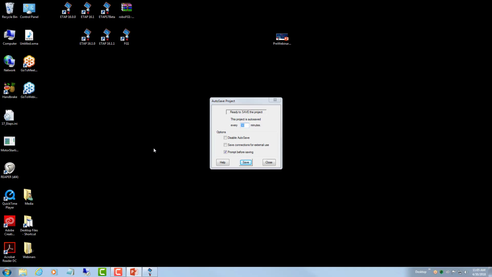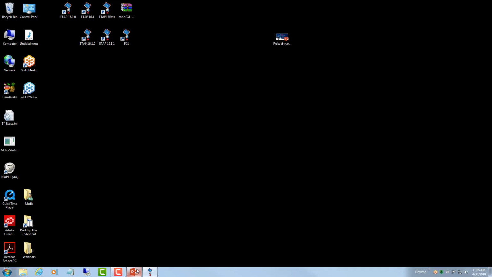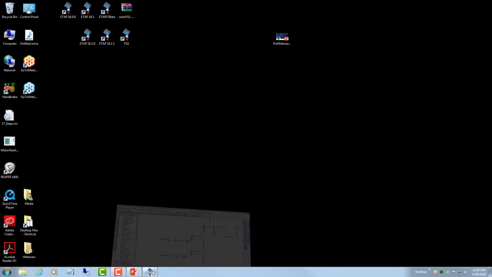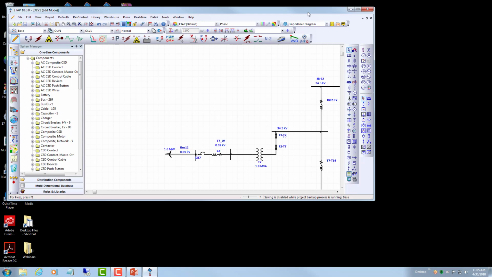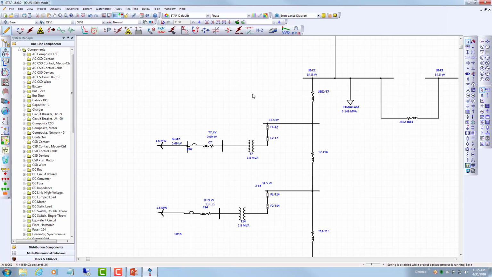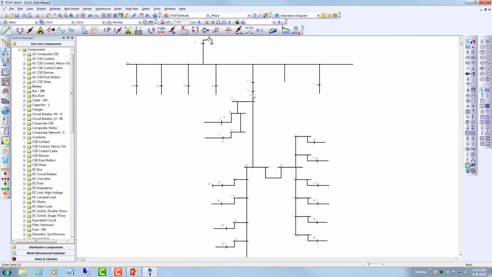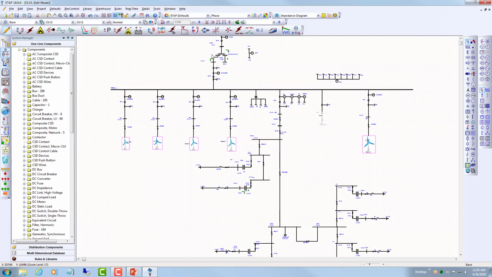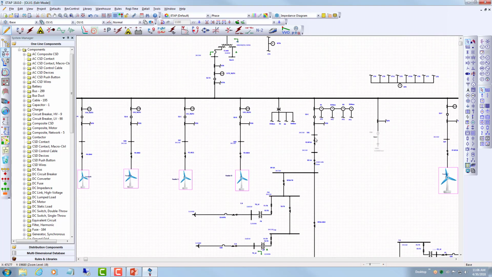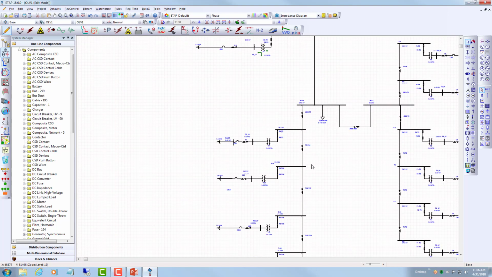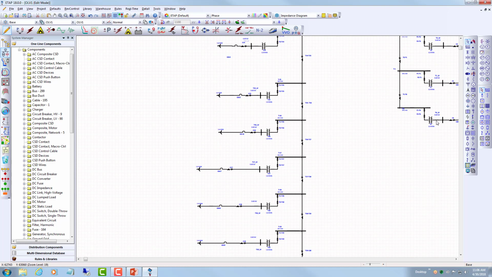Before looking at the solution, let's go to ETAP and simulate both scenarios and see what happens. Here I have a model of a real wind farm in ETAP. As you see, I have my substation with six collector feeders, and each feeder collects power from several WTGs.